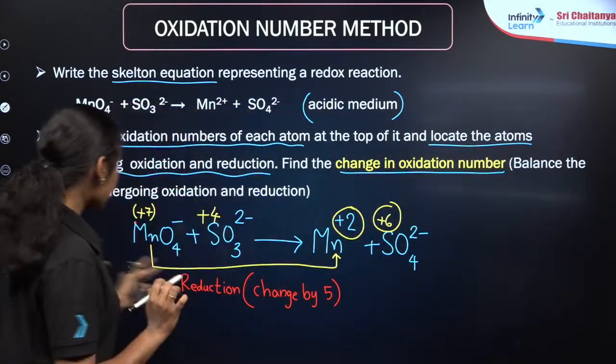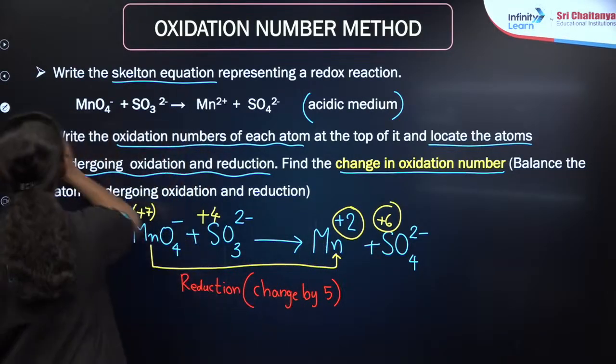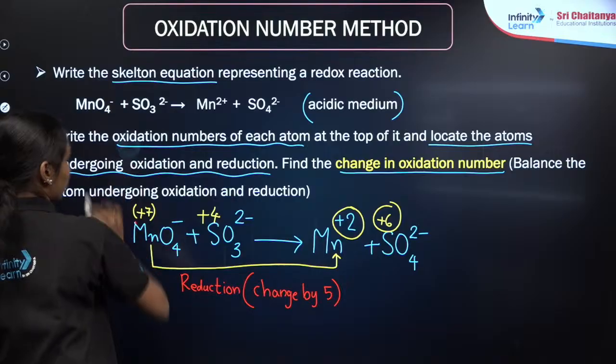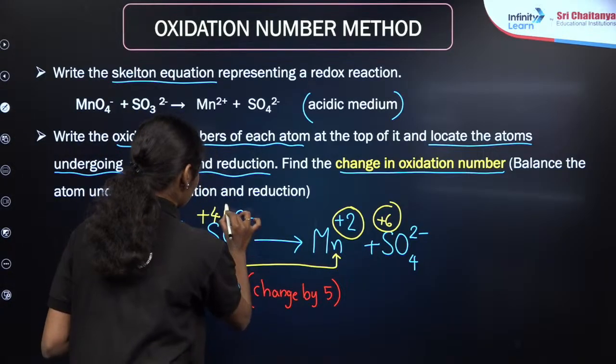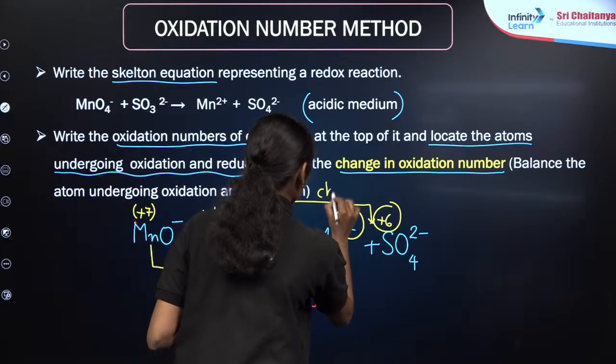Here in the case of reduction, it is changing from +7 to +2, which means the change is by 5. Then what about the oxidation here? SO3 is changing from +4 to +6, because the change is by 2.